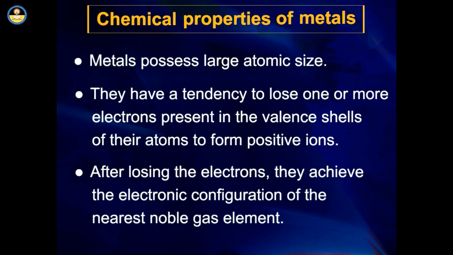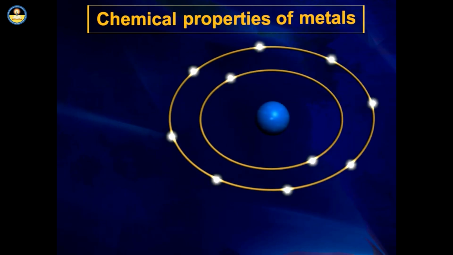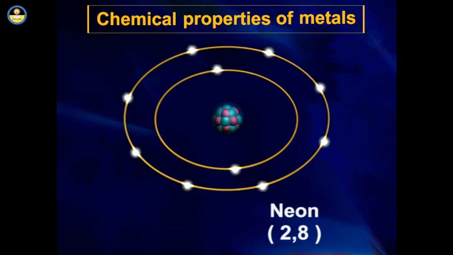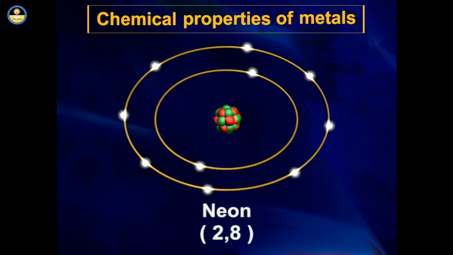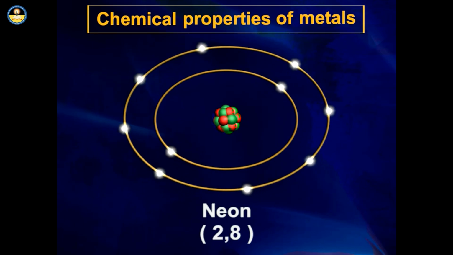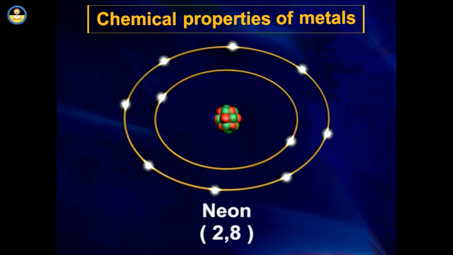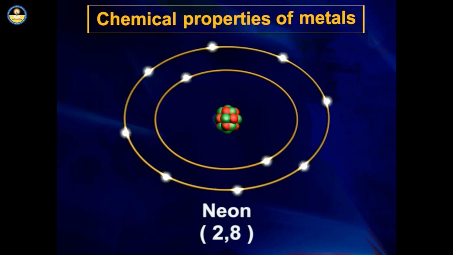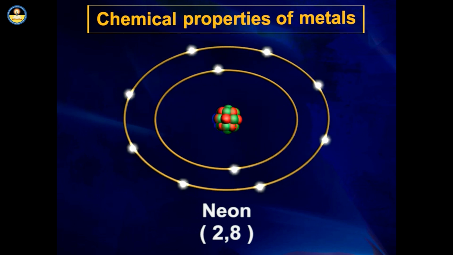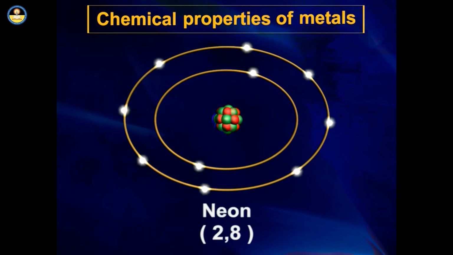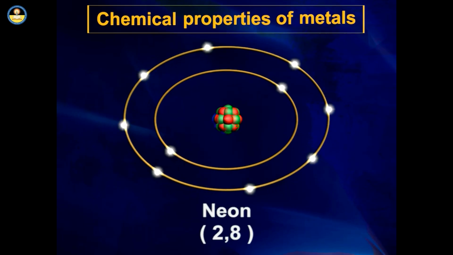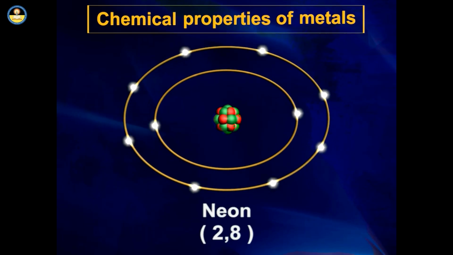In the present case, it is neon, which has the configuration of 2 and 8. Due to this, ionization energies of metals are very low. That is why they possess electropositive character and hence are very reactive chemically.